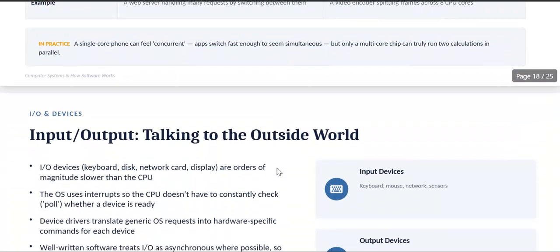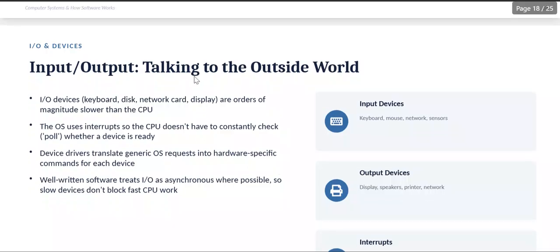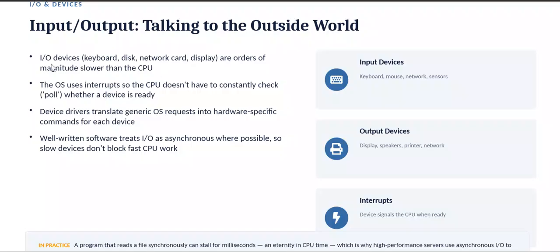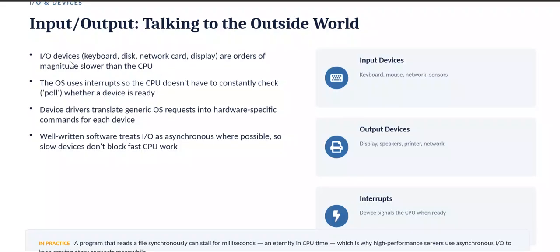Now, inputs and outputs, talking to the outside world. The input and output devices, that's the keyboard, disk, network card, and display, are orders of magnitude slower than the CPU.